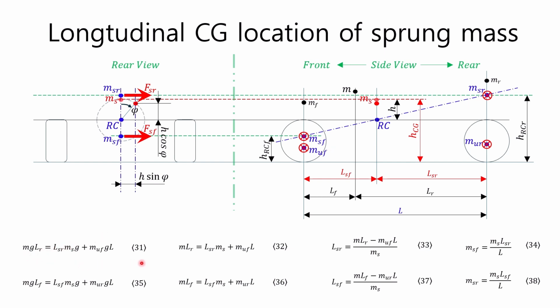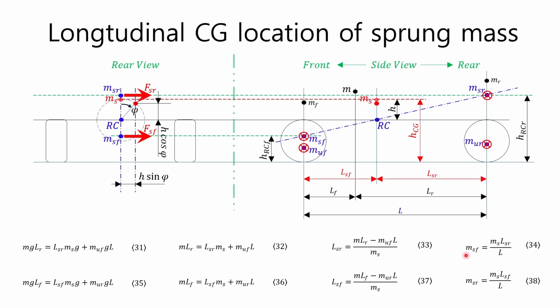By the same principle, the relationship for the moment generated with respect to the front wheel contact point can be expressed as equation 35. If both sides of these two equations are divided by the gravitational acceleration g, equations 32 and 36 can be obtained, respectively. Continuing, if equation 32 is rearranged for LSR, equation 33 can be obtained, and if equation 36 is rearranged for LSF, equation 37 can be obtained.